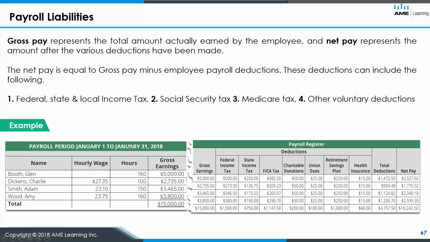So this is just an example of what a payroll register might look like. This is basically a listing that every business is going to have if they have employees, because the employees are paid different amounts. They might work a different amount of hours. They might make different selections on their withholding forms so that they withhold different amounts of federal and state income taxes.